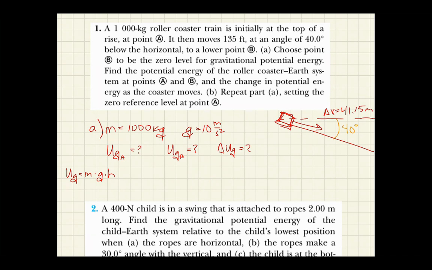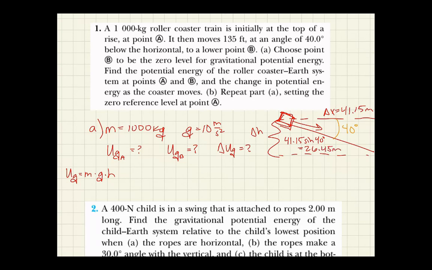Now, that is not the change in height, right? My change in height, delta H, is going to be 41.15 times sine of 40 degrees, which is 26.45 meters.